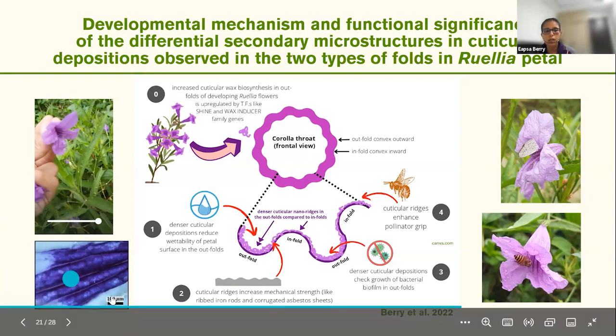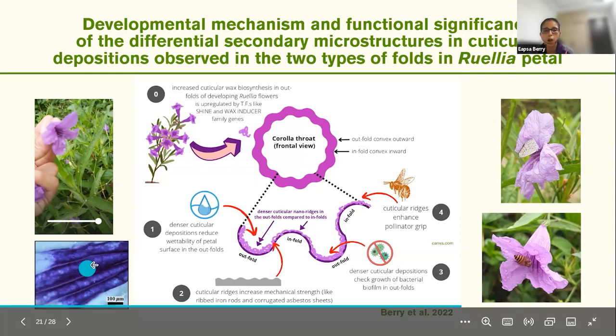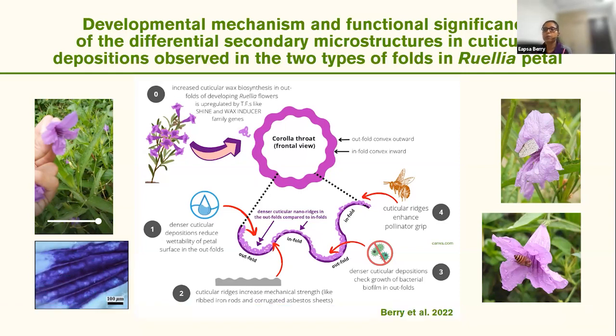Secondly, the throat appears to provide better mechanical support, like corrugated asbestos or a thin sheet, and the cuticular nanoridges on these infolds and outfolds work like the ribs of ribbed iron rods.